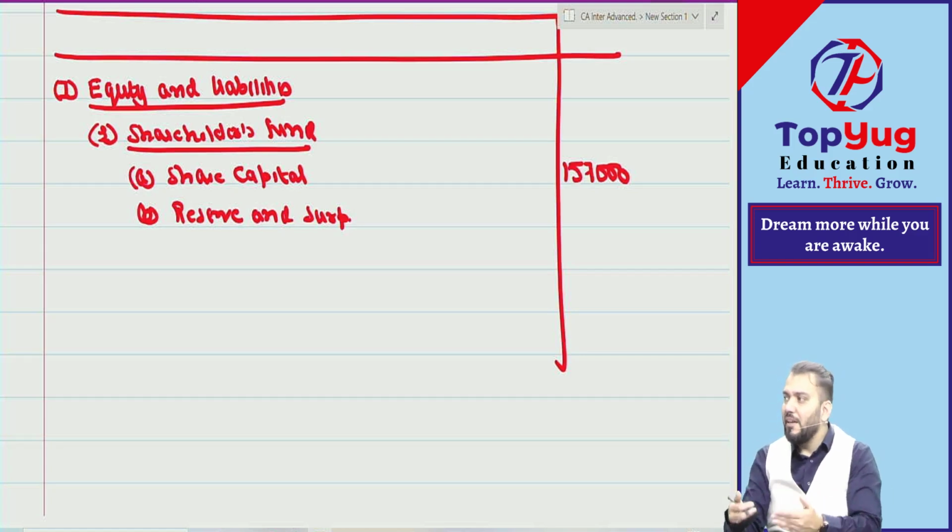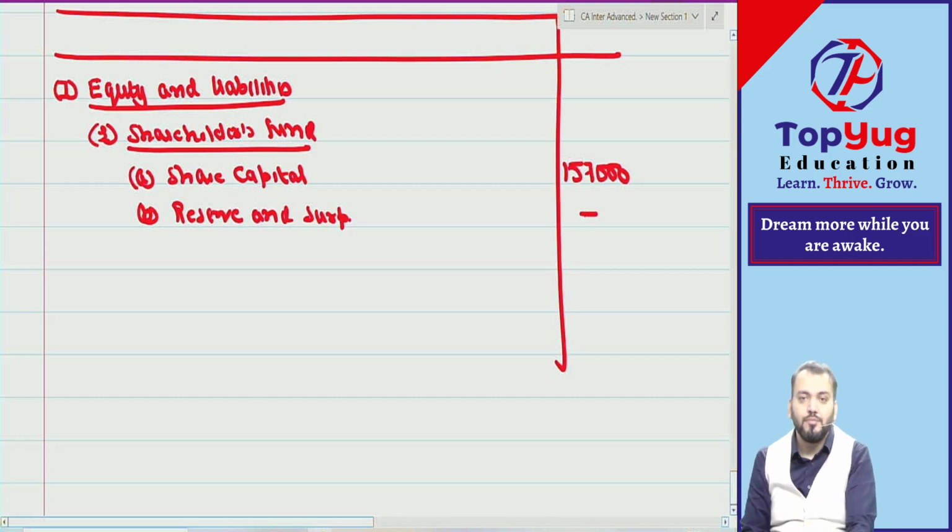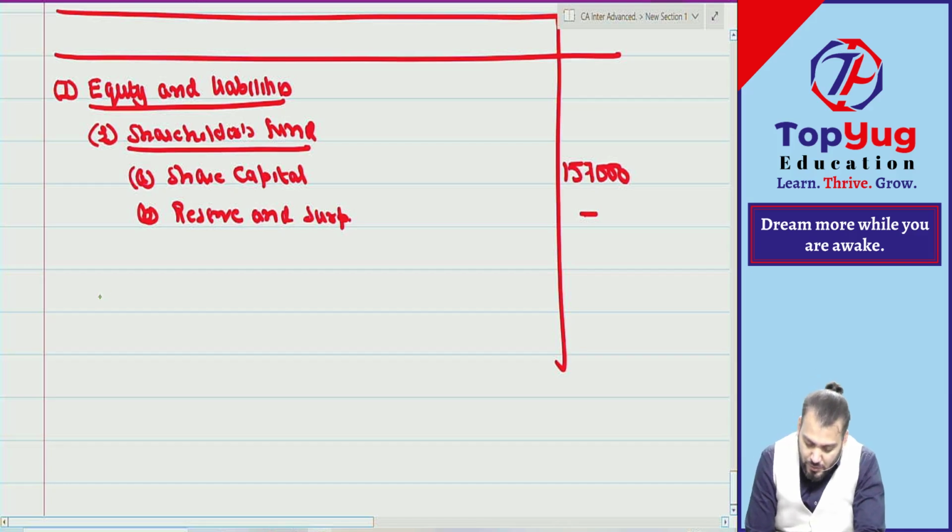Only assets and liabilities will come. It is distributed to partners, so it is zero. Correct. Then the current liability is there. So how much current liability we have?